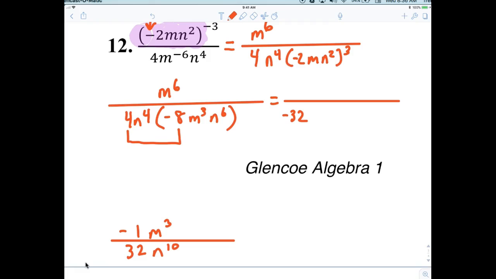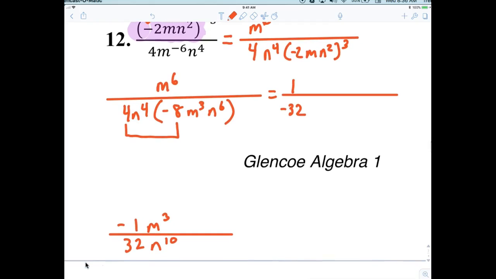Today it's negative 32. Does everybody get that? Now I'm going to put a 1 on the top because I want you to understand why the 32 is at the bottom. The 32 is at the bottom because 4 times 8 is at the bottom. Does everybody agree?